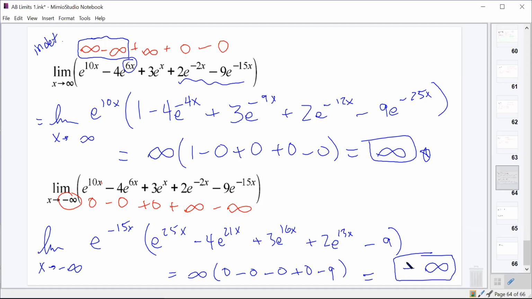So, some infinities are larger than other infinities, and that's just a concept that you'll have to accept for now until you get to much higher math classes. Some infinities are more or less than other infinities, and that's why infinity minus infinity is indeterminate. Any questions on those two? Or we feel okay about that?